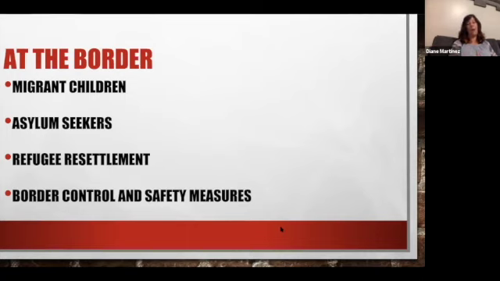But for right now, the idea is to pause the building of the wall and for CBP to come up with a plan to control the borders, mostly along the lines of trying to help keep narcotics out of the United States.